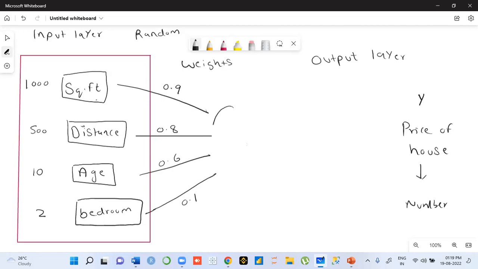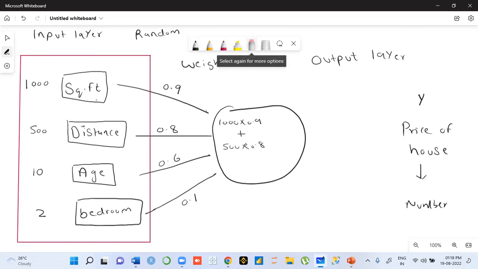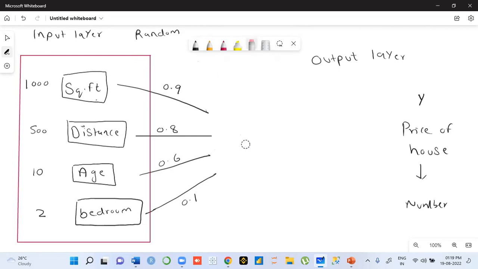Can you multiply this? 1,000 into 0.9 plus 500 into 0.8. Can you do that? Yes or no? You don't have to do it. I'm just taking a scenario. Are you clear? Okay. Now, guys, I'll further break this into these 2 parts.